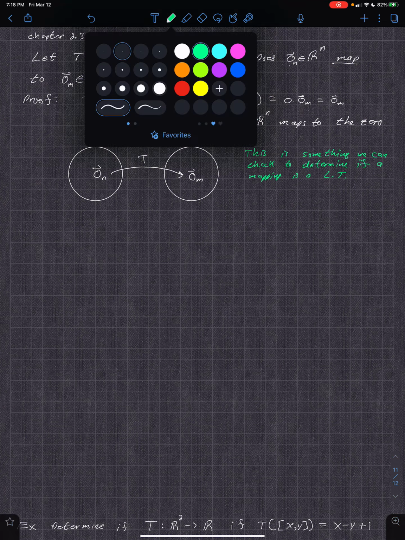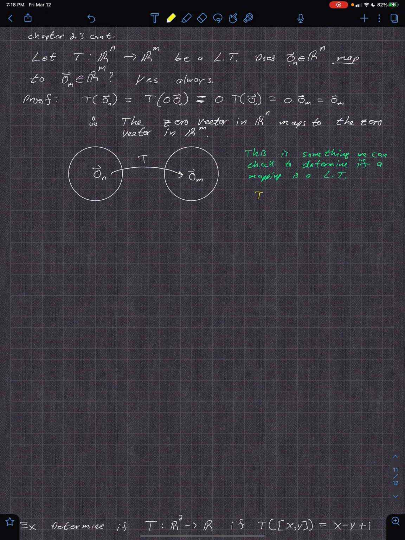So in other words, if T of the zero vector does not equal the zero vector in the other set, right? Then the function T is not a linear transformation. It's a function, but it's not a linear transformation. So it all has to do with that r being factored out. It has to be true for every r. So if r is 0, it will go to 0, period.